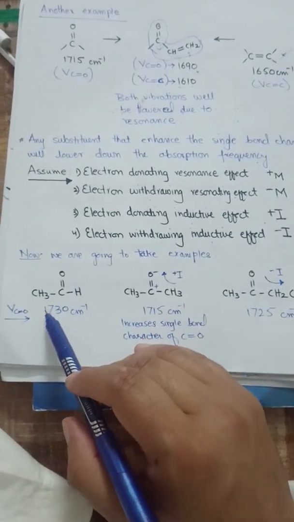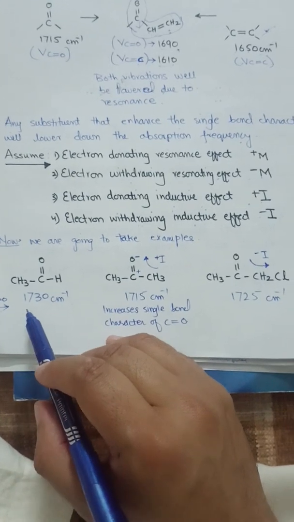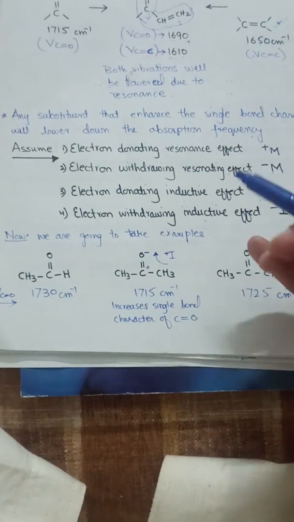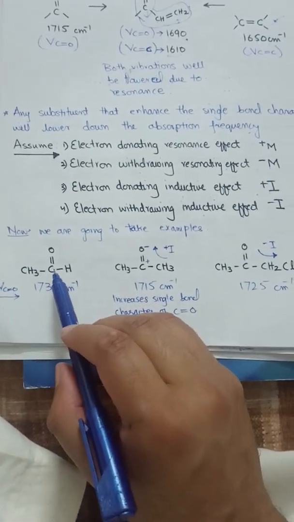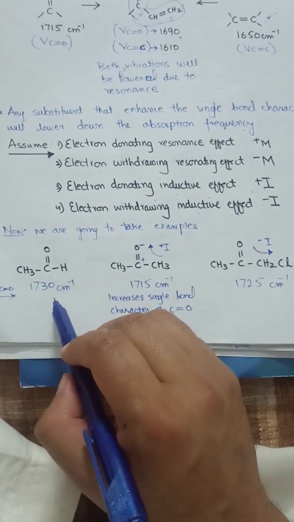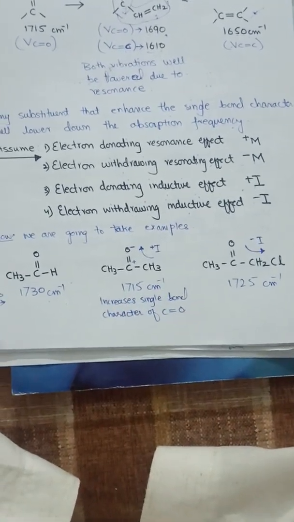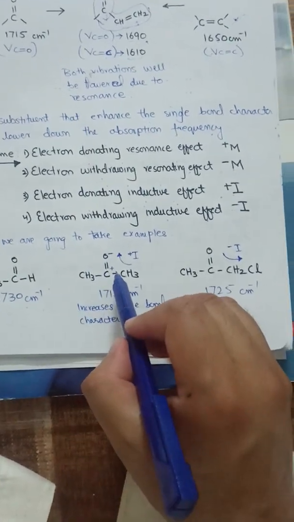So now we are going to take another example. Now we are going to take an example of the inductive effect. Before, we considered the resonating effect. So in this case we have 1730 per centimeter. So increase single bond character here.